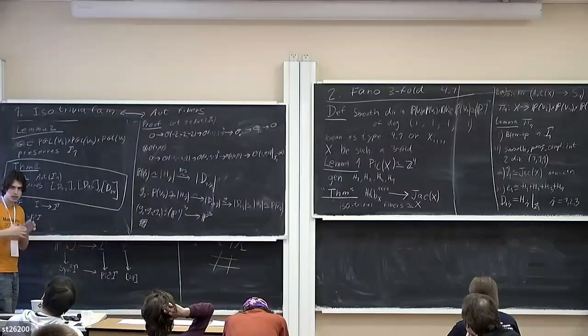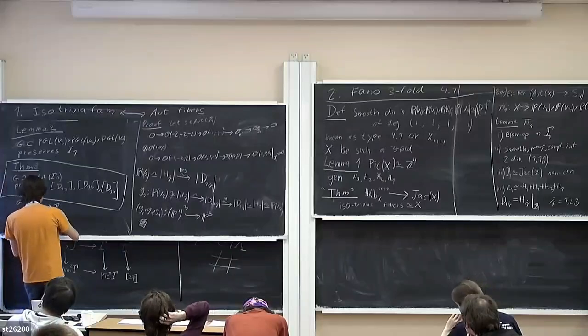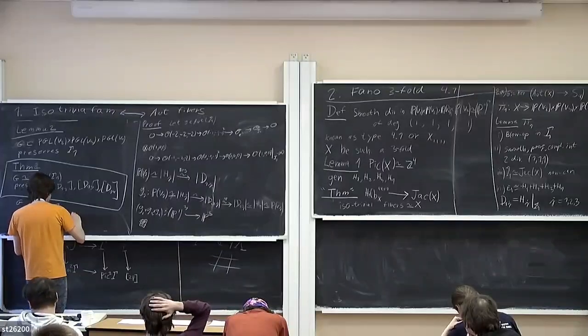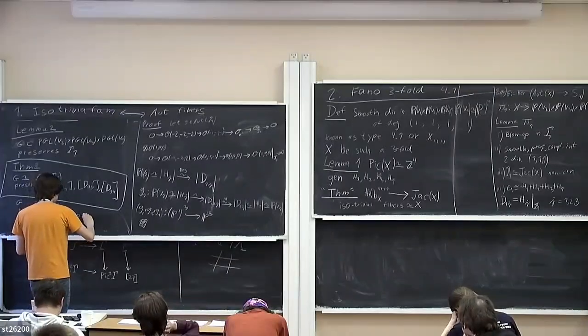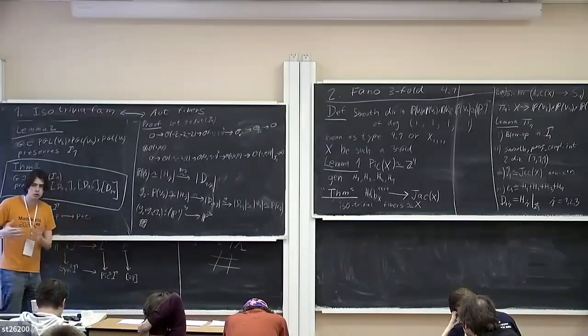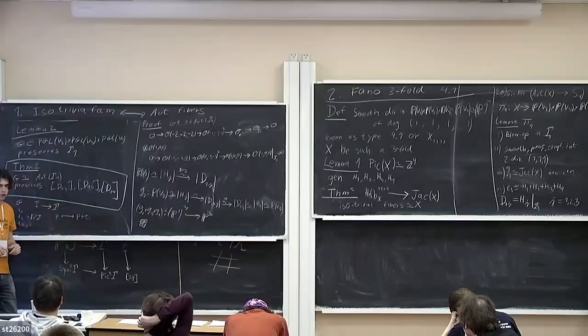So again, the translation subgroup of gamma, which acts by taking a point P and sending it to P plus some two-torsion element in Pic 0 of gamma, will be an automorphism.